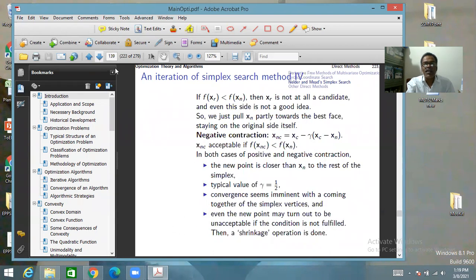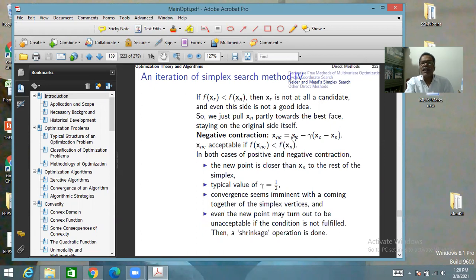First, consider the other case also. If the reflected point is worse than the current worst point, then XR is not at all a candidate, and even this direction, this side, is also not a good idea. So stay on the other side only, where you were earlier, okay? So we'll just pull the worst point partly towards the best phase and not cross the best phase, because the other side of the phase was relatively better, okay?